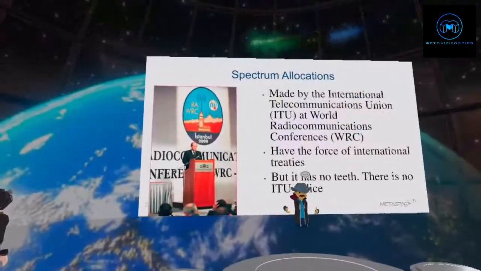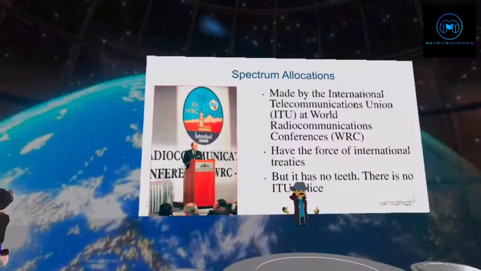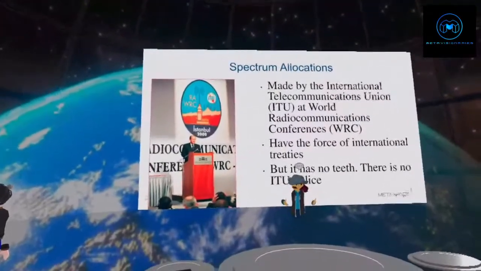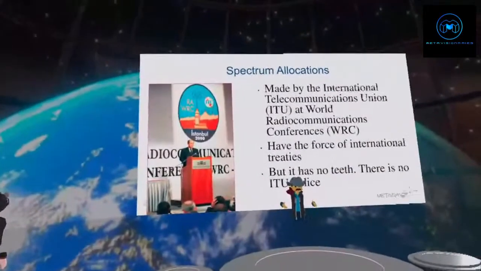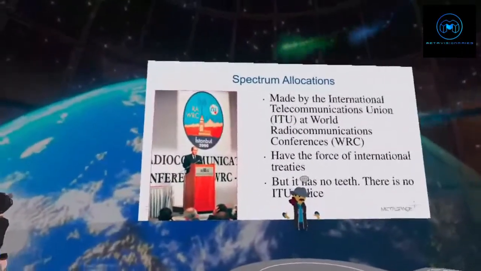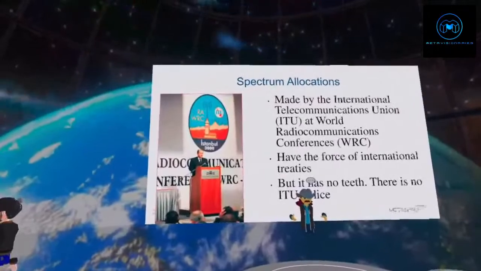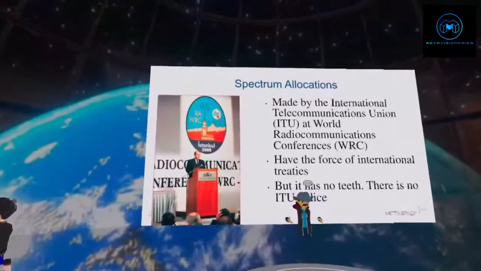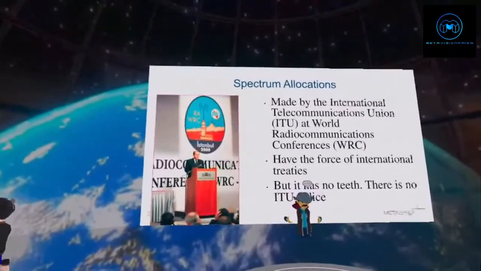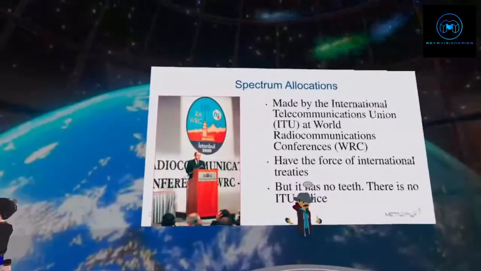Now, one of the big issues that we have is spectrum and spectrum allocation. One of the problems we face is that spectrum is a finite resource. We cannot create new spectrum.